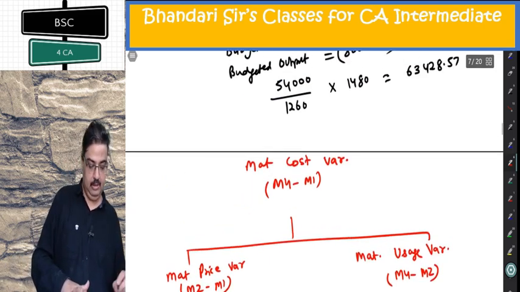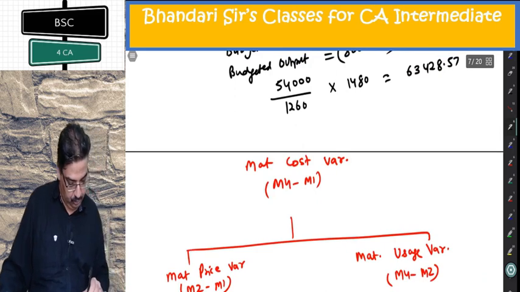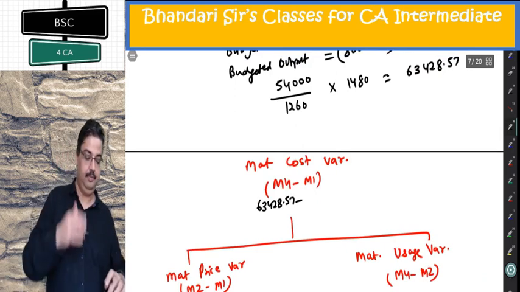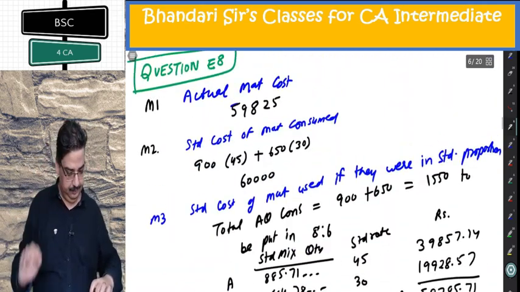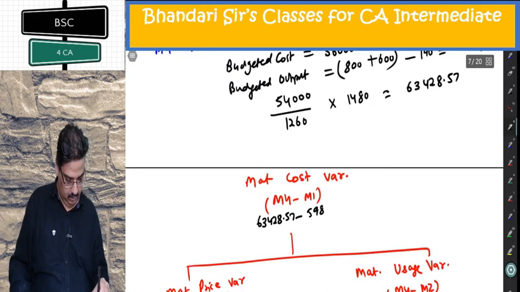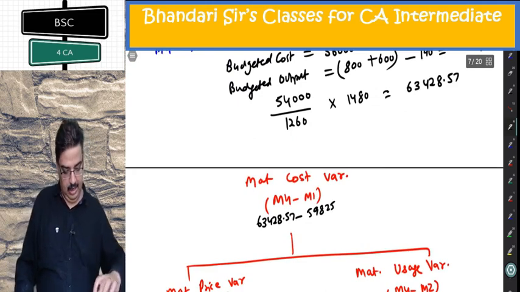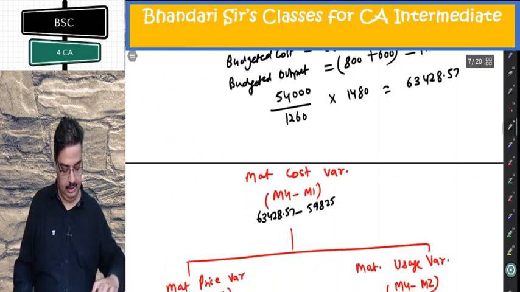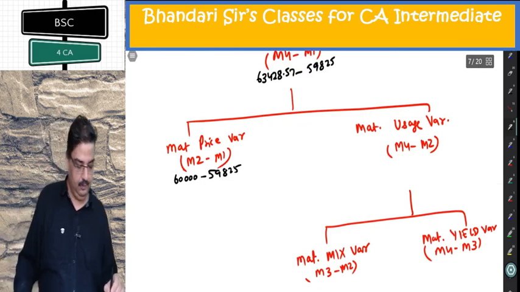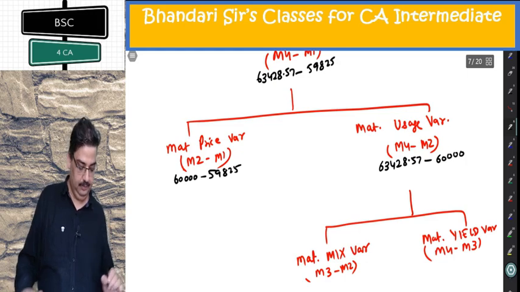Let's put the figures. M4 63428.57. M1 59825. M2 60,000 minus 59825. M4 63428.57 minus 60,000.